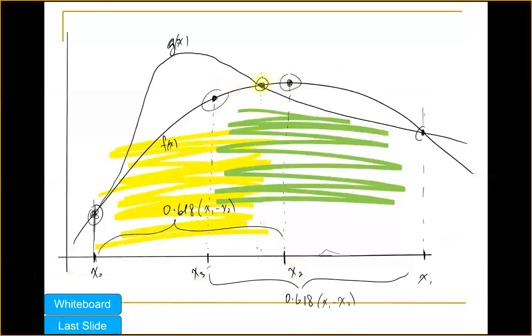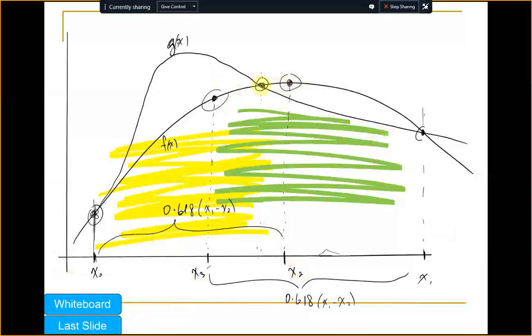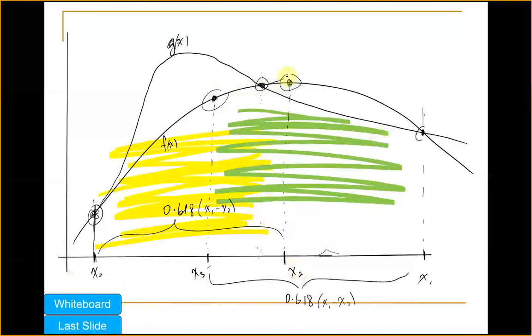Suppose we know that the maximum is somewhere here now. Suppose the function looks like this, the same f of x.